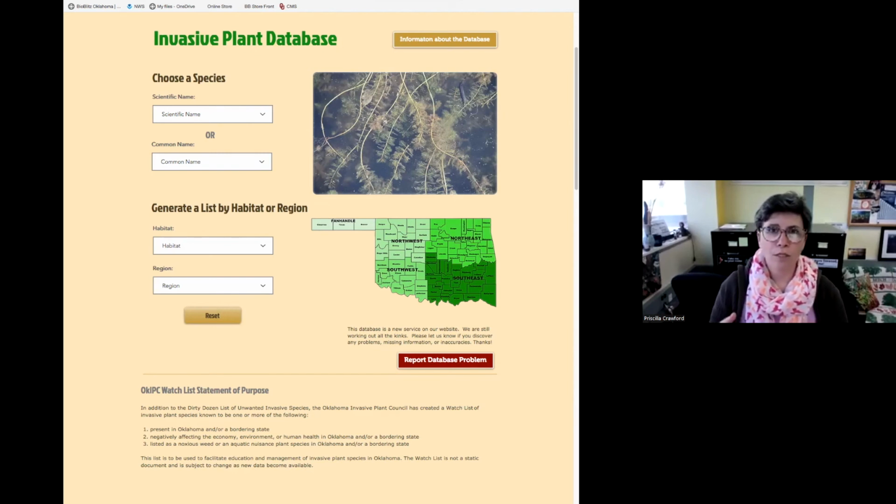There are other terms we could potentially use, but for simplicity, especially with Eastern red cedar and honey mesquite, we do use the term invasive.